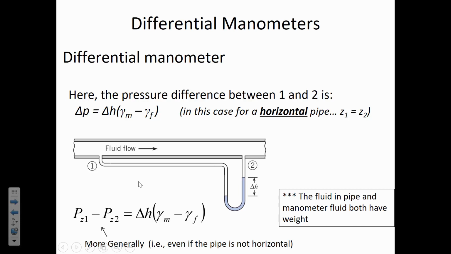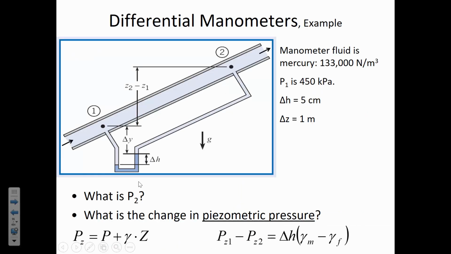And piezometric pressure is something we're going to talk about. It's a way of differentiating between what component of a pressure change is due to an elevation difference and how much of a pressure change is due to pipe friction. Because in piezometric pressure, you're keeping track of not only the pressure at a location, but also its elevation above a datum. So let me explain in a little bit more detail.